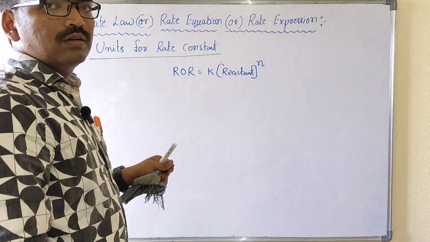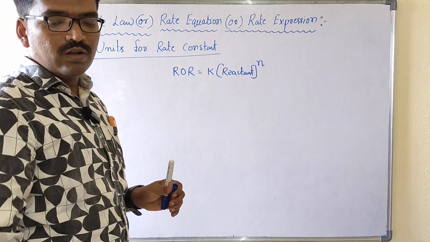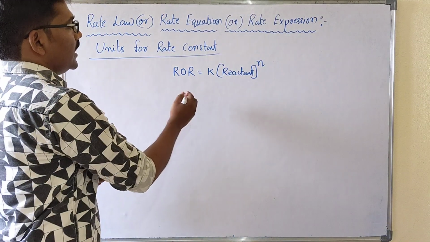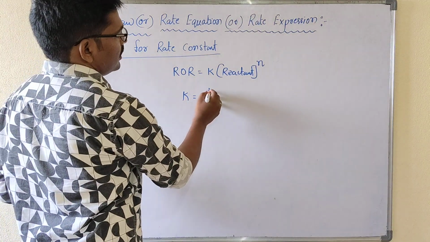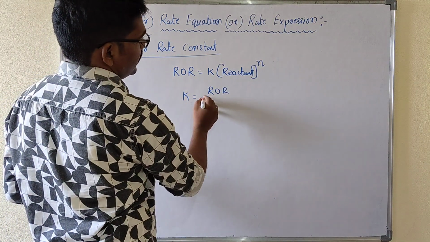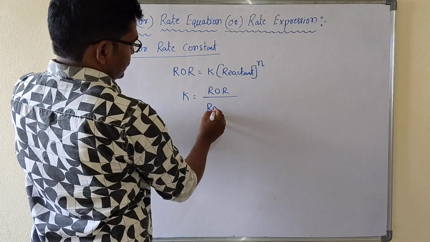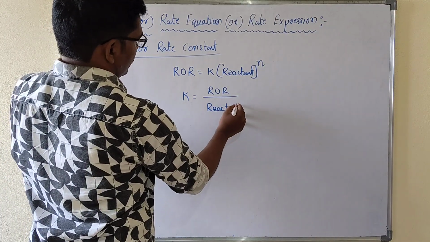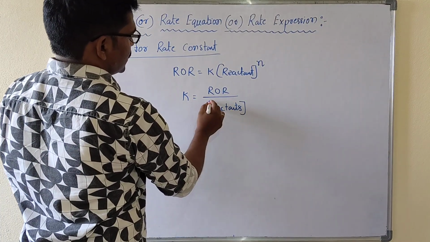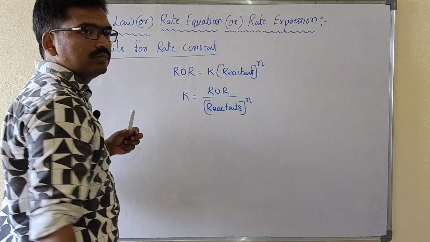So n is the order of reaction. So K kavalante, K equals rate of reaction divided by reactants concentration whole to the power n, right?